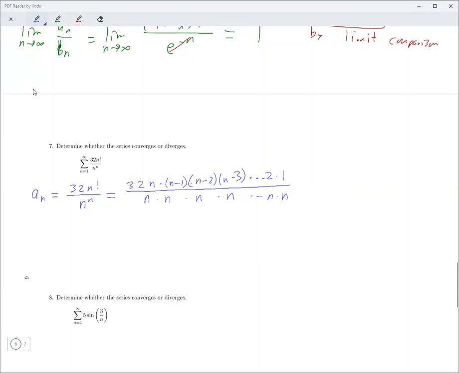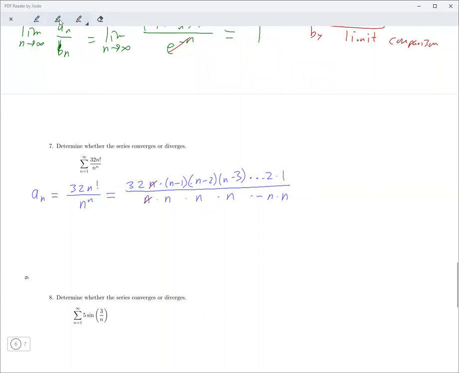Okay, so in this case, it might look a little bit weird, but I know that these are going to cancel, right? And then I know that this term's less than that one, that one's less than that, that's less than that, and so on.